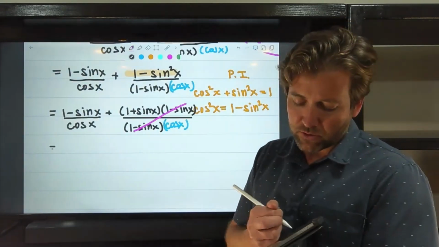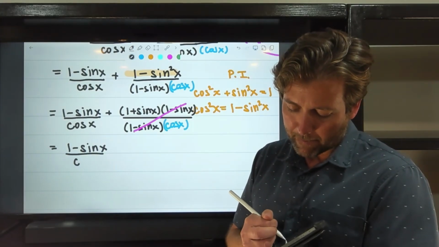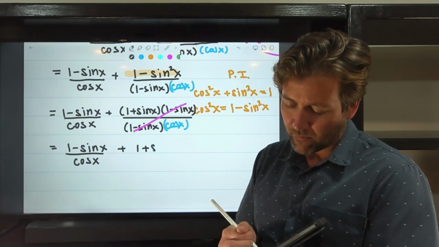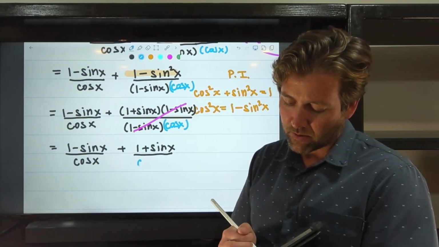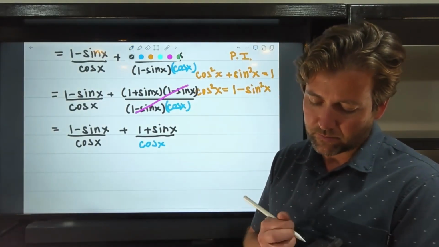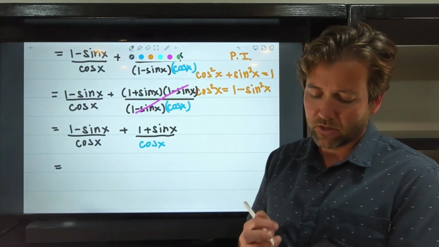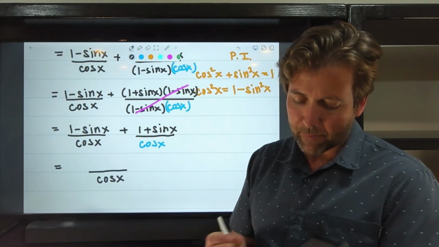So just so this is super clear, I'm going to spend a step just to rewrite what we have. We have a common denominator of cosine of x. So I can add these fractions and keep that denominator.